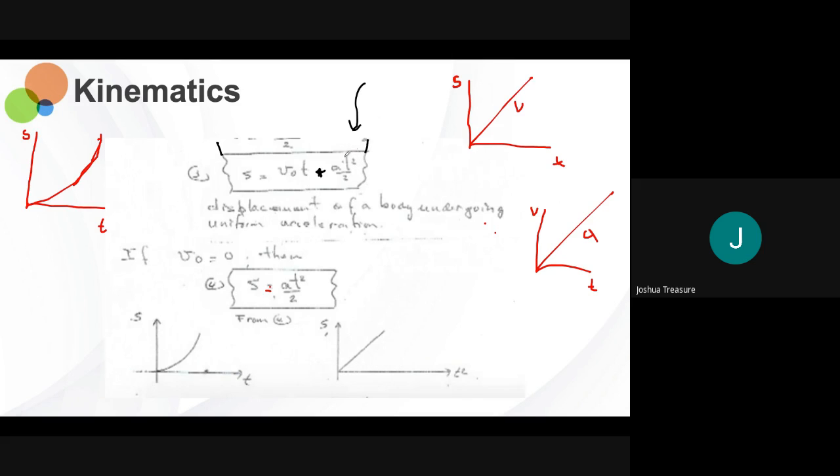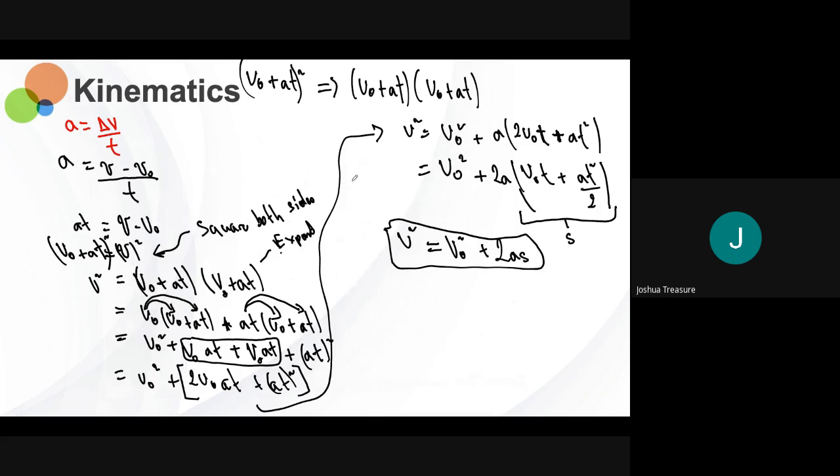If it was just t, we wouldn't have to square both sides, but because there's a t squared here, we have to square everything. We can't just square one particular thing. We have to square everything and then expand. Any more questions?